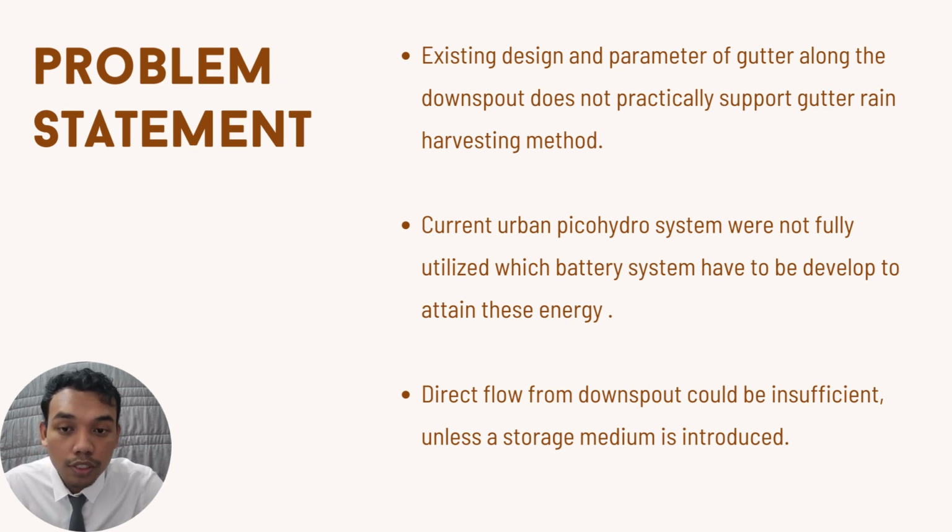We have to prevent losses from wasting any energy that we have harvested from the rain. So I will introduce a new battery management system that can fully support this method. And the next thing is that the direct flow from the spout could be insufficient unless a storage medium is introduced. What I'm trying to introduce here is a system where a storage medium will be used with a siphon buffer.